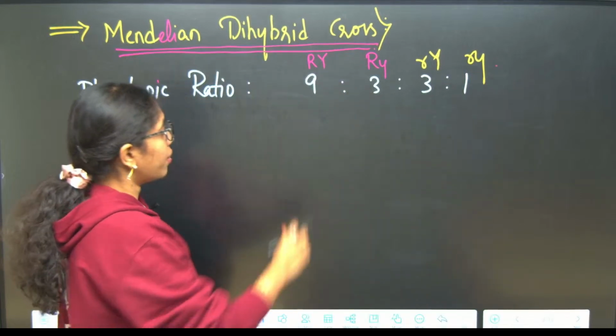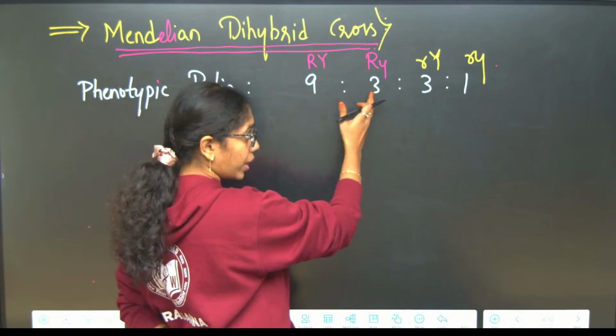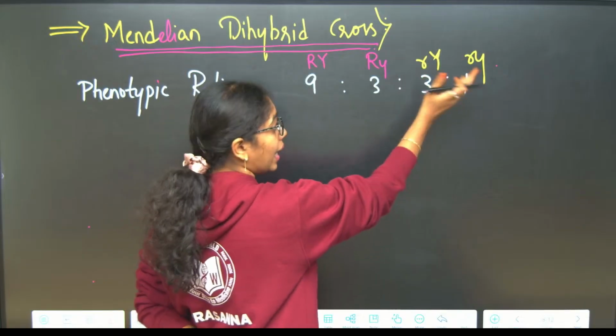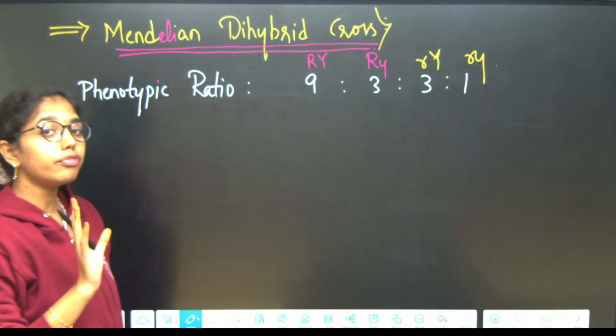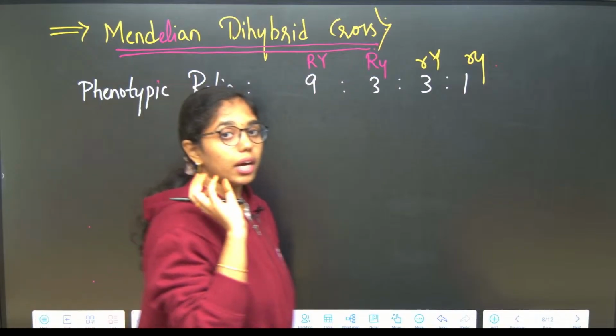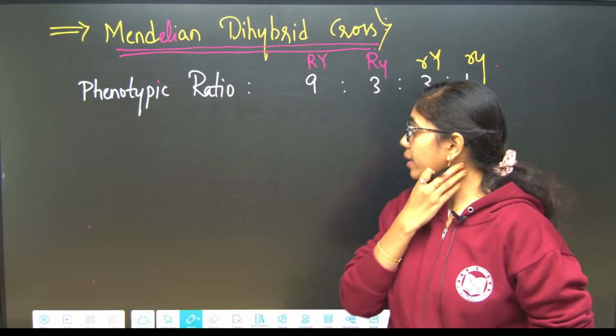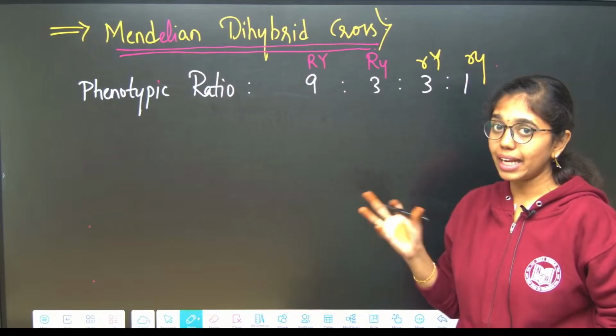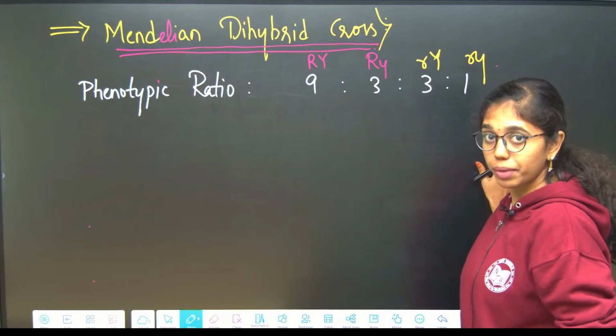So round yellow, round wrinkled, wrinkled yellow and wrinkled green. These are the 4 phenotypes observed in your Mendelian dihybrid cross. This will be the phenotypic ratio.